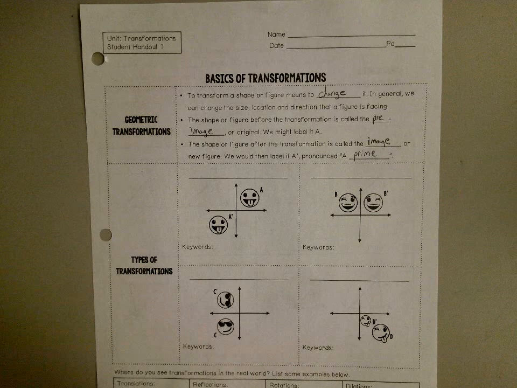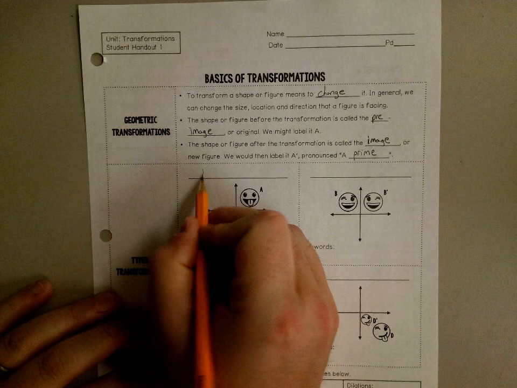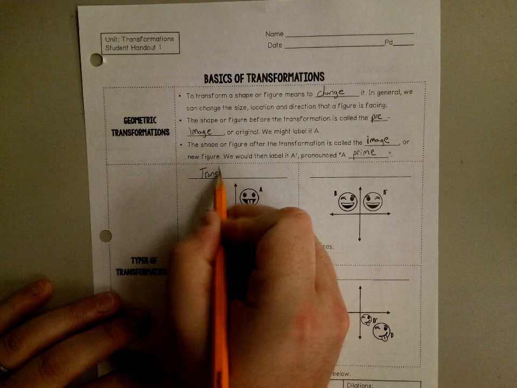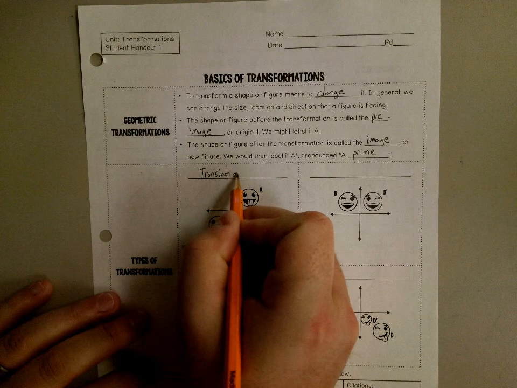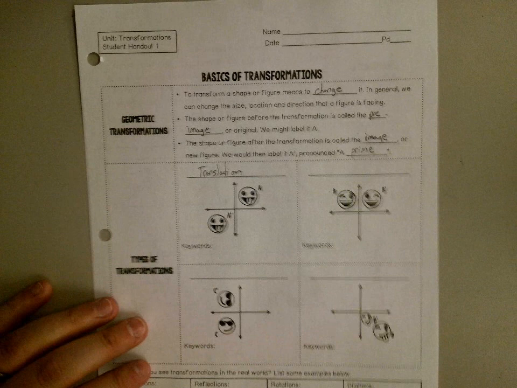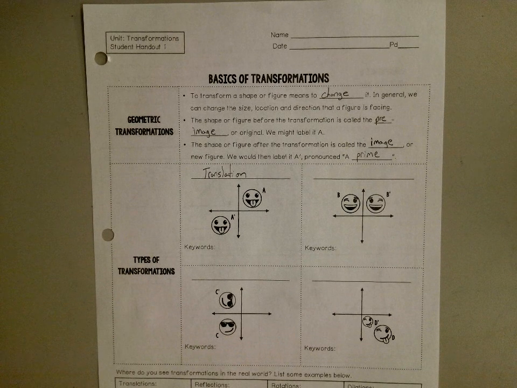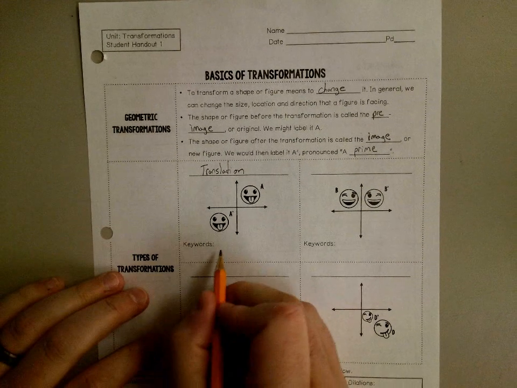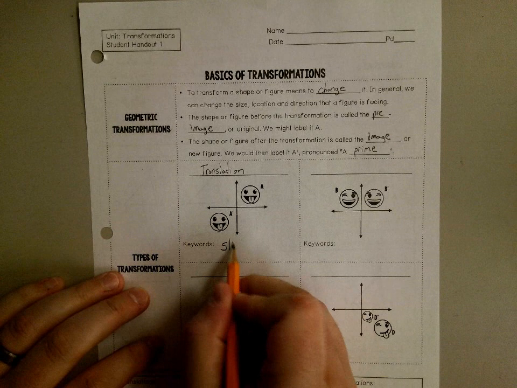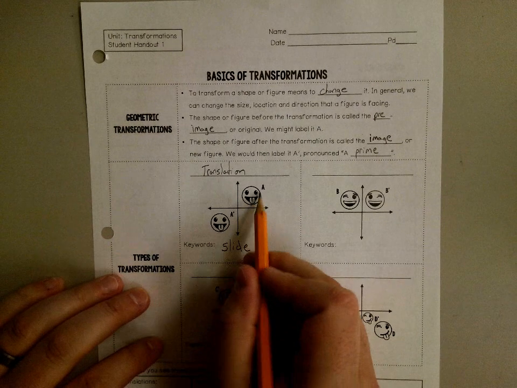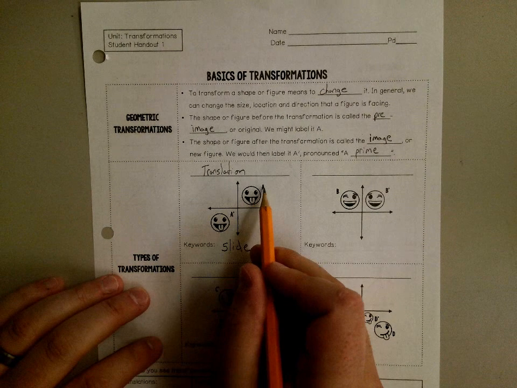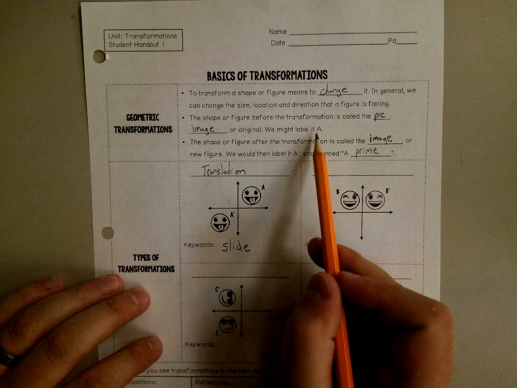The first one we're going to talk about is called a translation. A translation is what we like to call a slide. You can imagine our pre-image is right here. We labeled that A, just like we talked about up here.